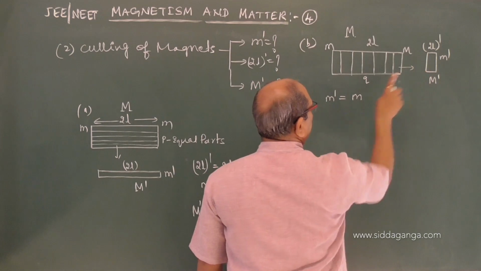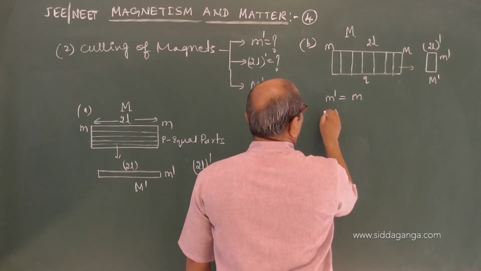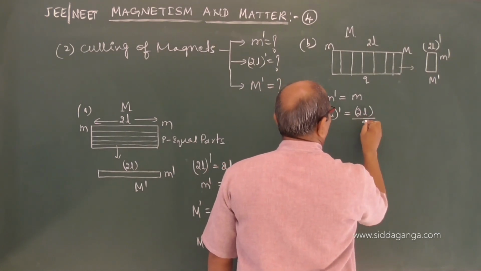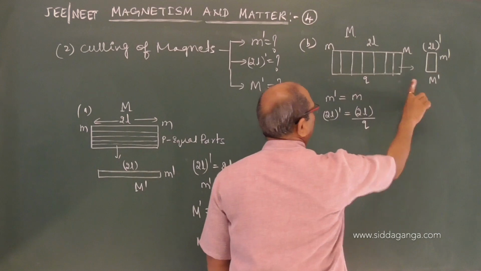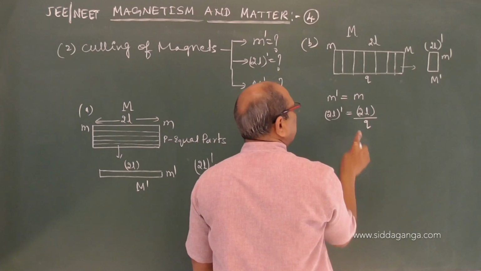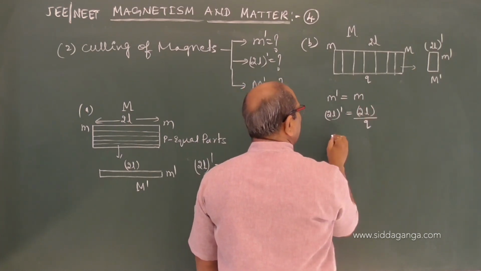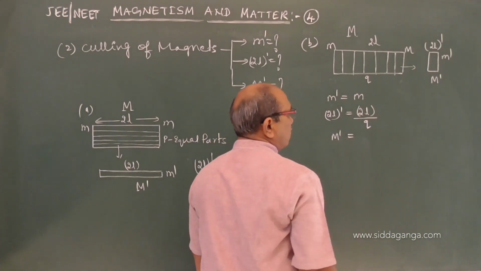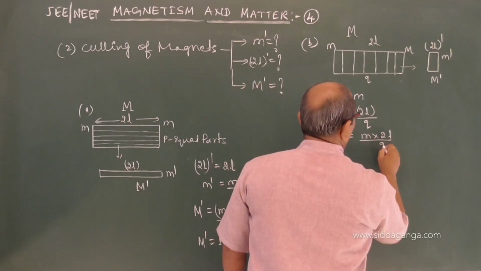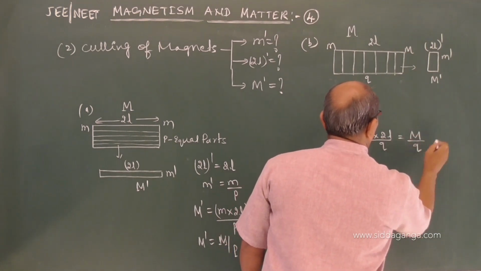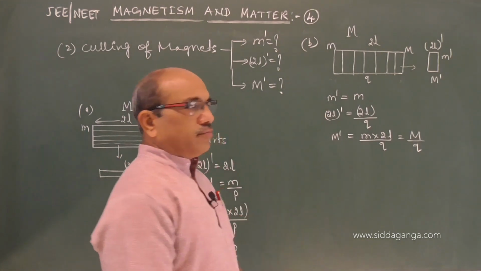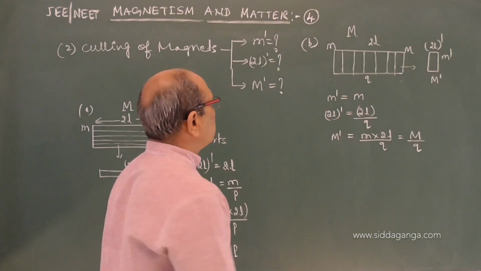But the length is decreased Q times, therefore 2L dash becomes 2L by Q. The length decreases Q times because we have cut into Q equal parts. Length decreases by Q times and pole strength remains the same. Therefore, the magnetic moment is M dash equal to M into 2L by Q, which gives M by Q. The moment decreases by Q times, the pole strength remains the same, and the length decreases by Q times.